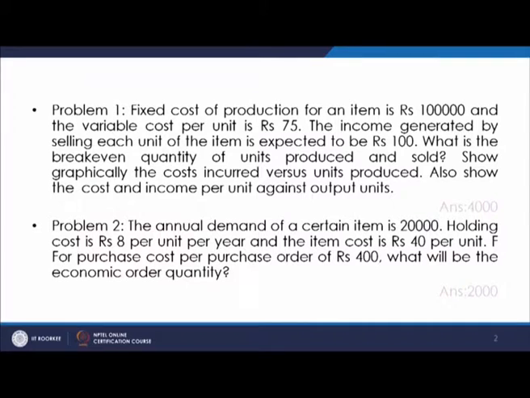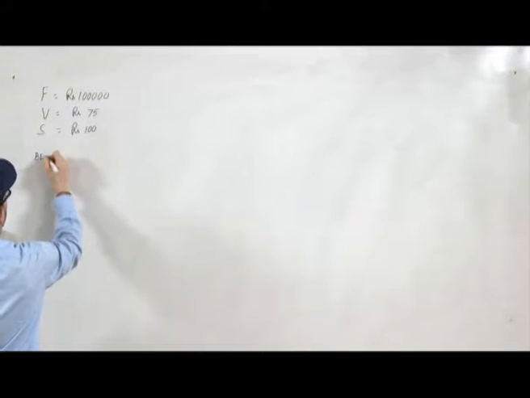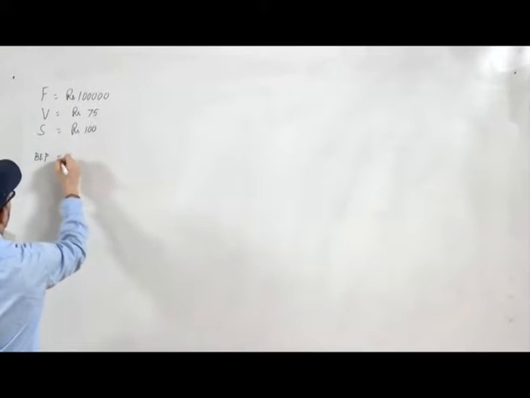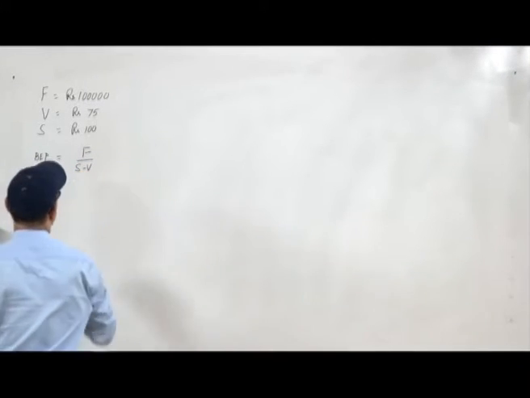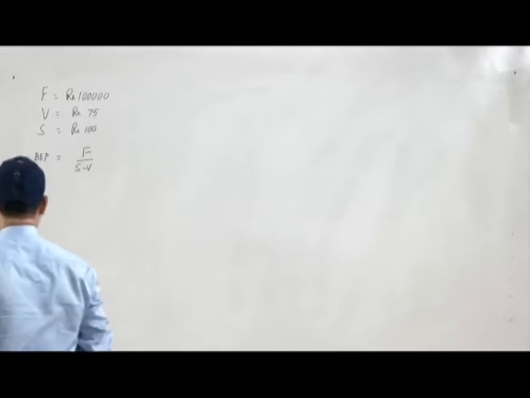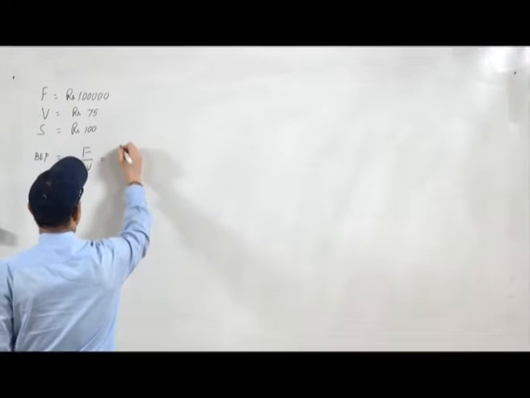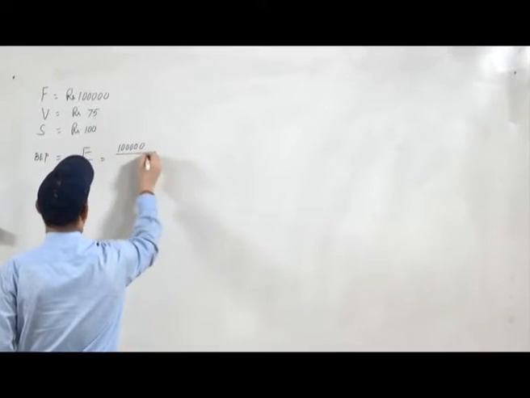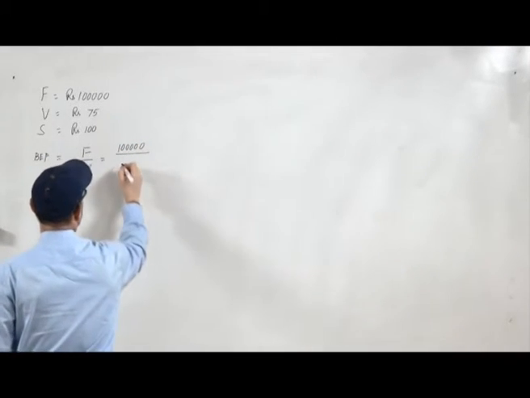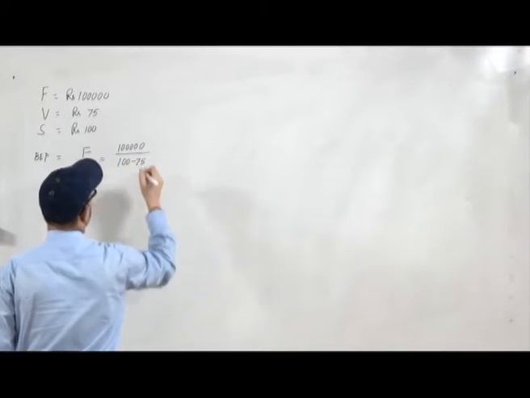Now, the break even point we find by F upon S minus V. So, F is 1 lakh upon S minus V, that is 100 minus 75.